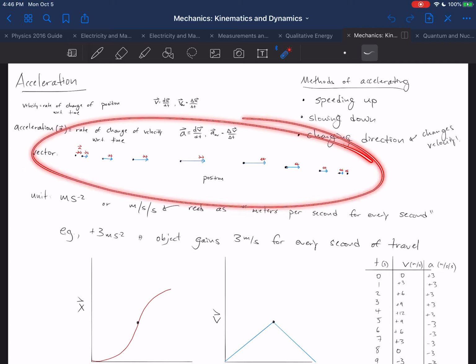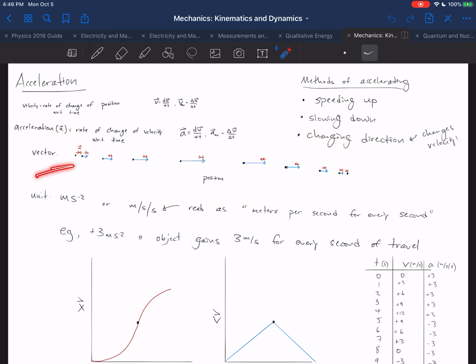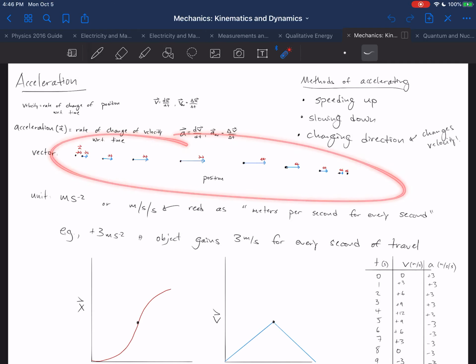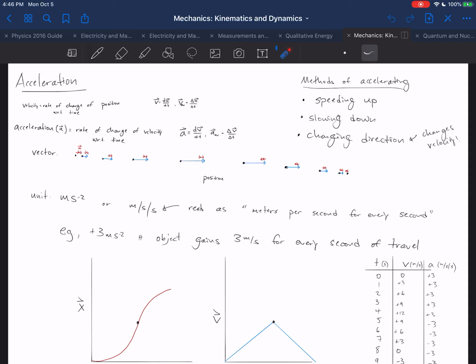So take a case of an object, as shown here using what's called a motion map, where the object is speeding up and then slowing down, engaging in acceleration in two different directions here. When we represent that, we represent the position at equal intervals of time with a dot. That's shown by this black dot here. And the velocity is shown by these blue arrows as they grow and increase in magnitude. That's the speeding up part because that velocity is increasing.